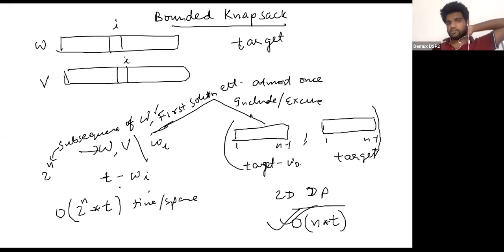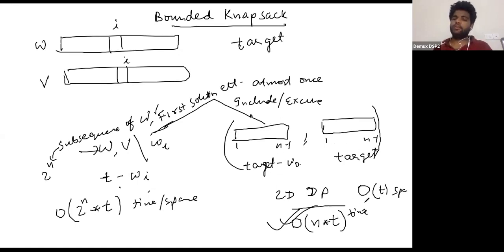So those are the two types of knapsack which exist in the industry and you use them a lot. You mean n into t, Karan? Yeah, n into t time is the best, and you are doing order t space here, right? Because you are again using two rows.